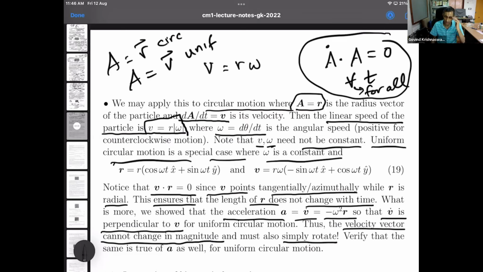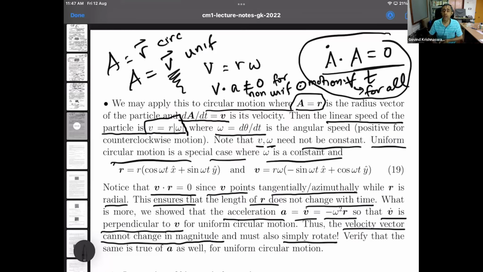That magnitude is the constant speed. But in non-uniform circular motion, the velocity vector does not maintain a constant length, and it is not anymore orthogonal to its derivative. We have already observed that V dot A is generally not 0 for non-uniform circular motion.